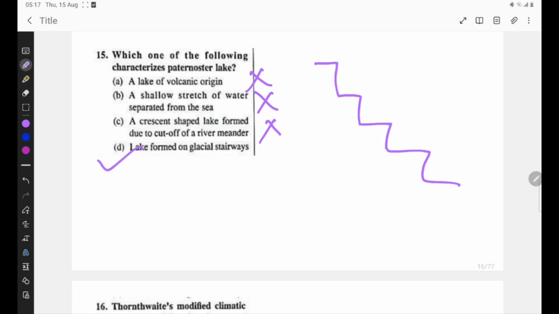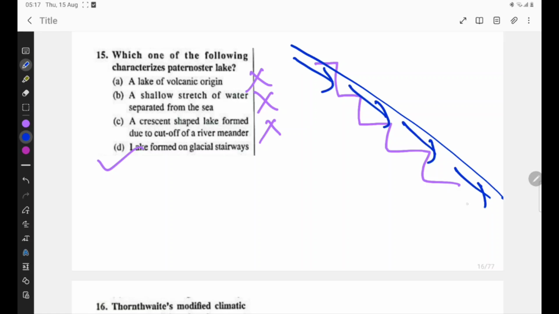Suppose this was the initial slope of the glacier. Due to melting and the erosion along the slope, it changes the morphology of the glacier.